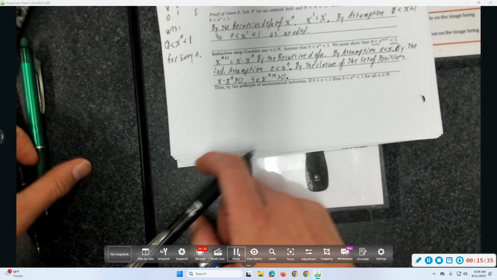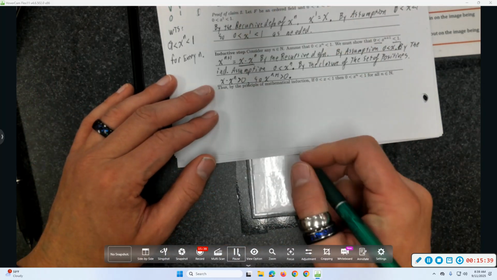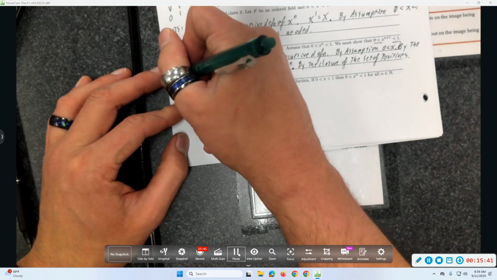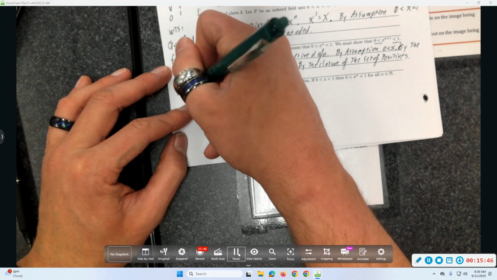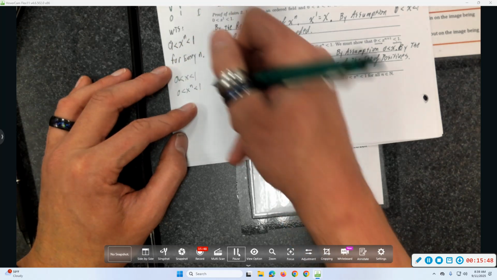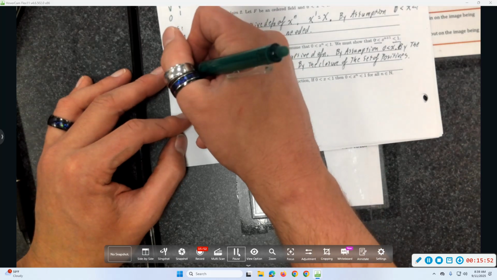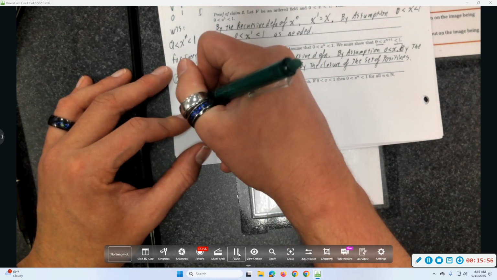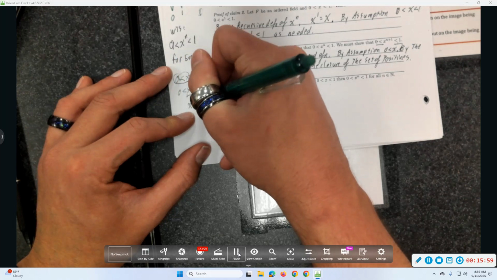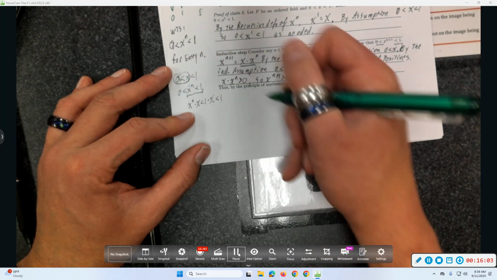So, let's study that. So, this time I have 0 less than x less than 1, 0 less than x to the n is less than 1. I need to show that the product is less than 1. Well gosh, I know that x is bigger than 0, so I can multiply both sides of this inequality by x. So x to the n times x is less than 1 times x. Oh cool, but that's less than 1. So let's just do that.